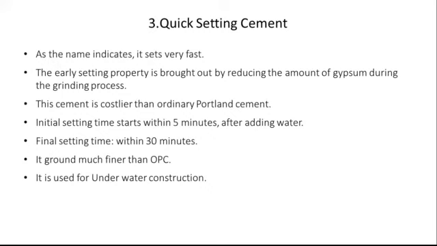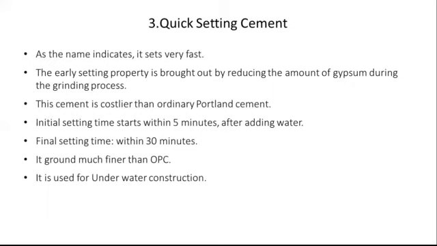Now, the third cement is quick setting cement. From the name, we can say that the cement is quick setting. It is used for underwater construction. The name indicates it sets very fast. The early setting property is brought out by reducing the amount of gypsum during the grinding process.